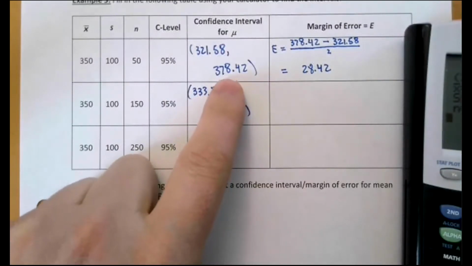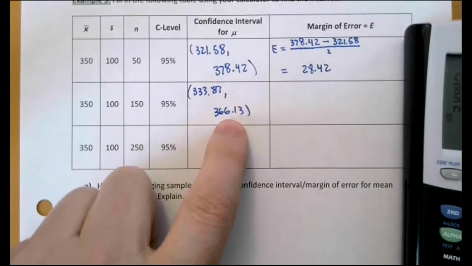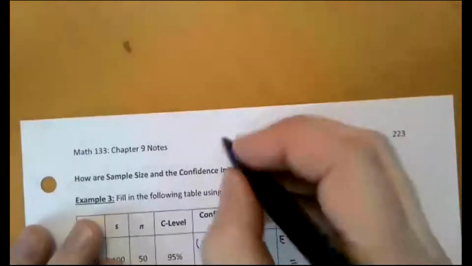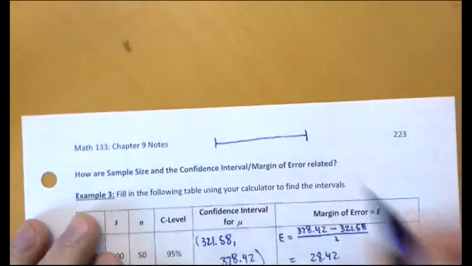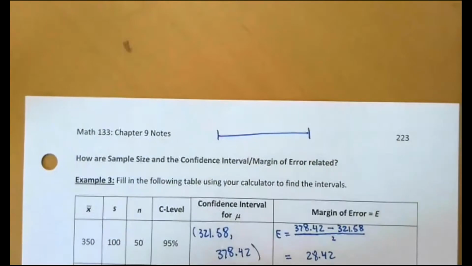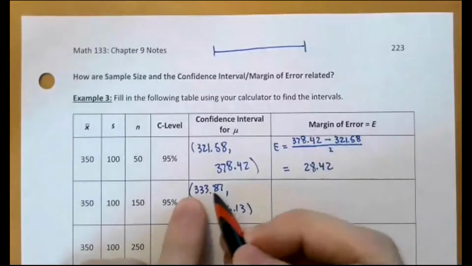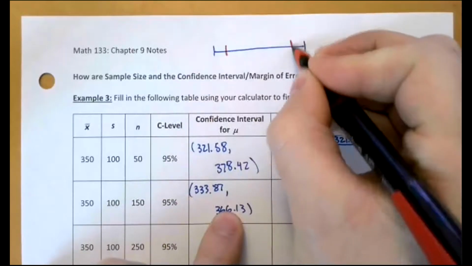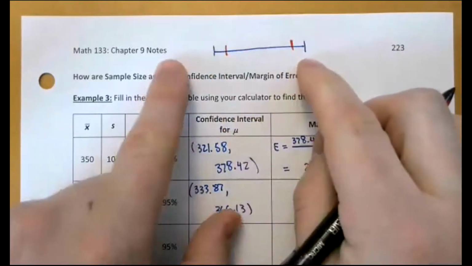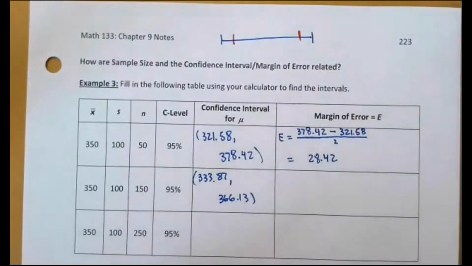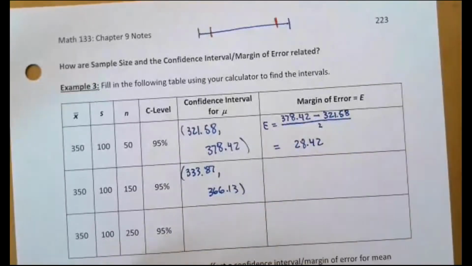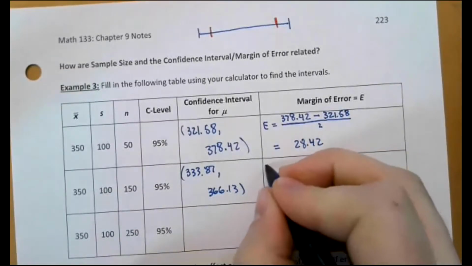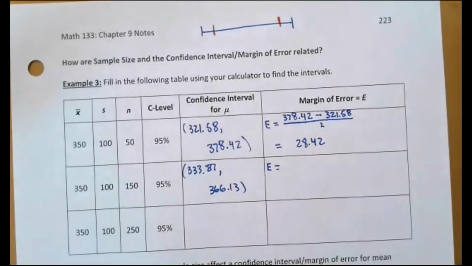And what happened to the upper limit? It went down. So if you think about what's happening, here is the first confidence interval. And then when we increased the sample size, the lower limit went up and the upper limit went down. So what happened to the width of the confidence interval? It got smaller. That's exactly it.